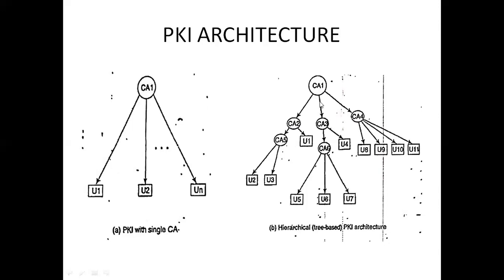CA1 will also certify CA3, and CA3 in turn certifies CA6, and so on, which will be in terms of a tree. So CA1 certifies CA2, CA3, and CA4, and CA2 in turn issues a certificate to CA5 and end user U1.